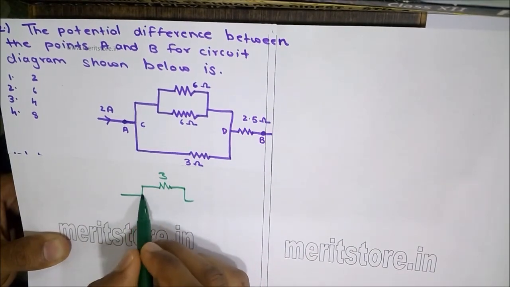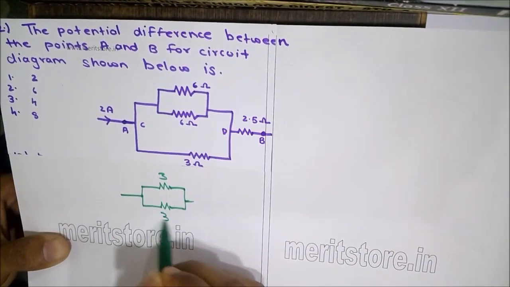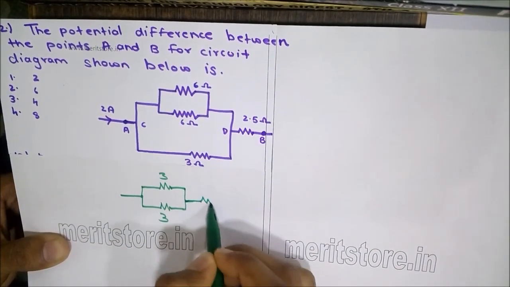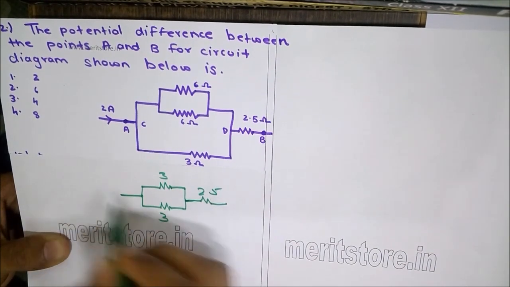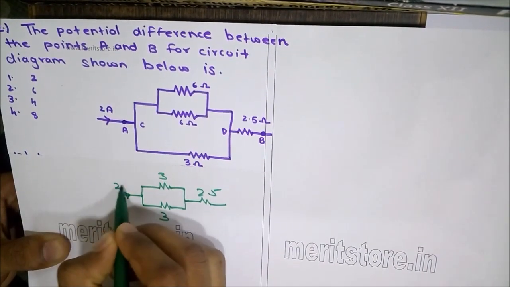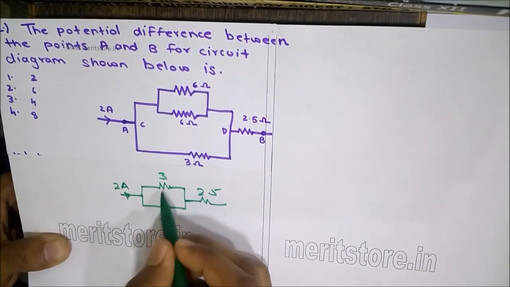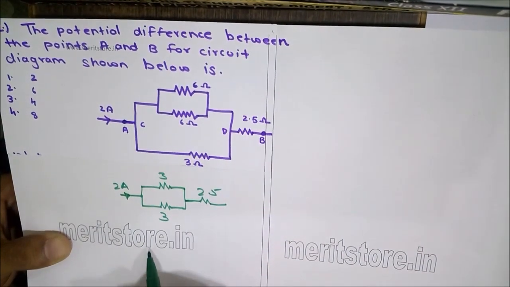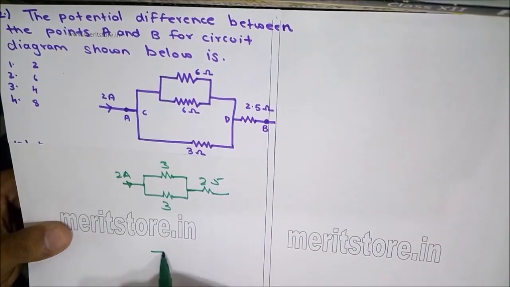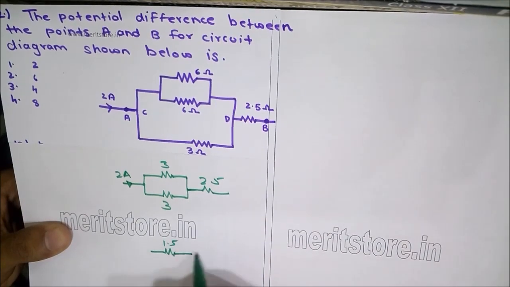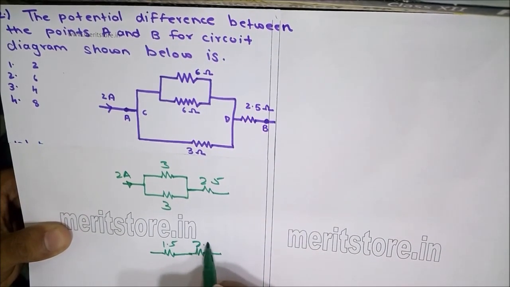This is in parallel with another resistance of 3 ohms and in series with 2.5 ohms. The current flowing through the circuit is given as 2 amperes. The 3 and 3 parallel combination gives an effective resistance of 1.5 ohms in series with 2.5 ohms between the points A and B.